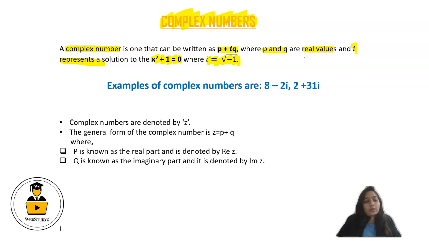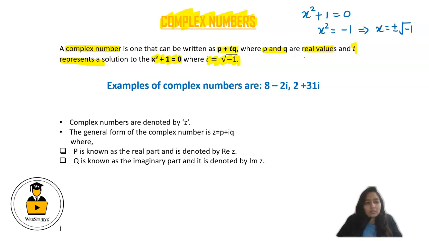So let's see what complex numbers are and where they originated. If we have an equation x square plus 1 equal to 0 and we want to find the solution of this equation, then x square is equal to minus 1, and x is equal to plus minus under root of minus 1. And we know that the square root of a negative number has no value in real numbers.